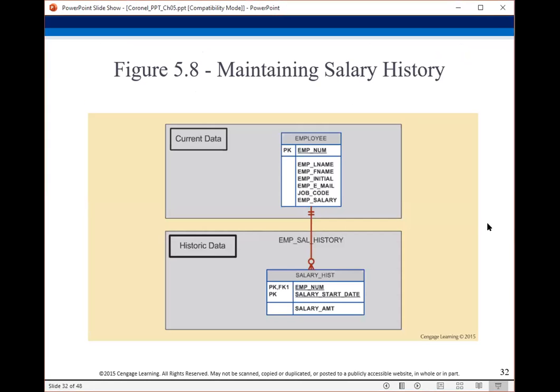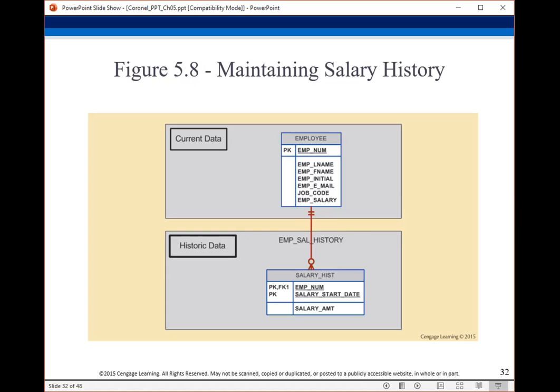Another example of maintaining history might be each employee has a salary, but over time that salary changes. So we might want to keep a record for each salary that an employee has. We create an employee salary history table, and we establish a one-to-many relationship.